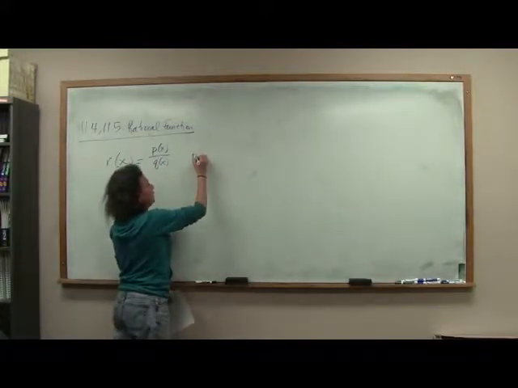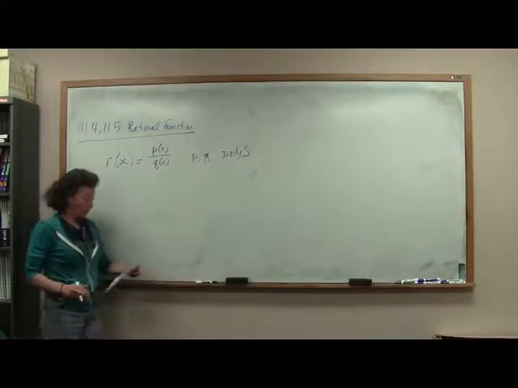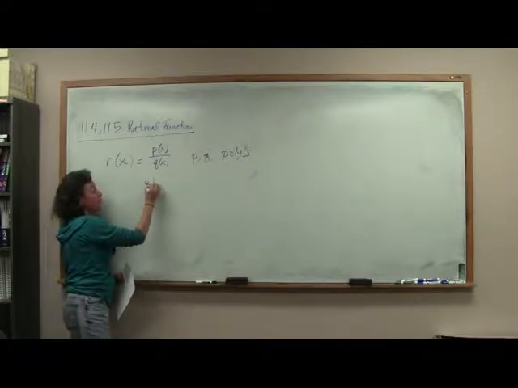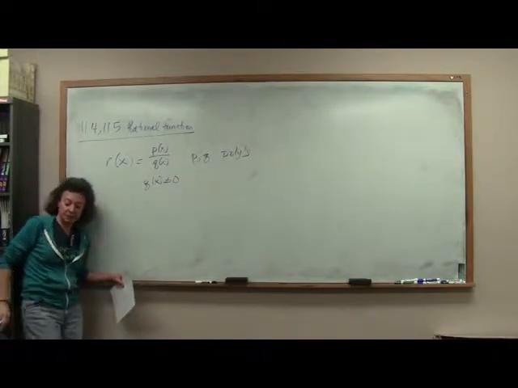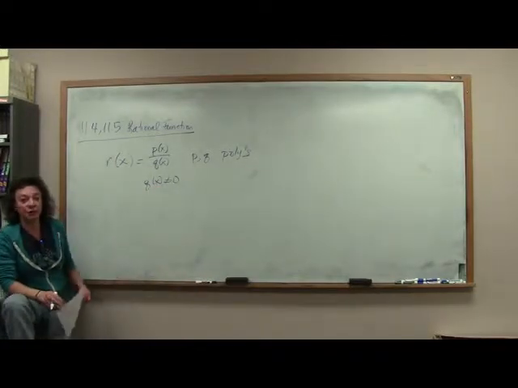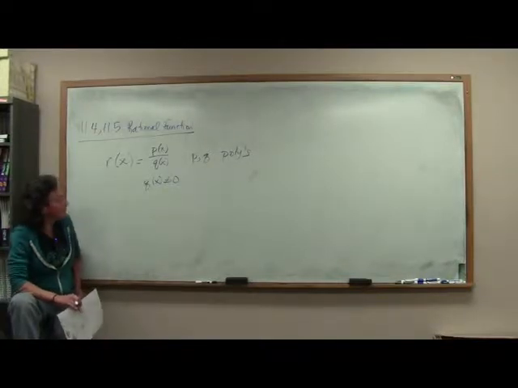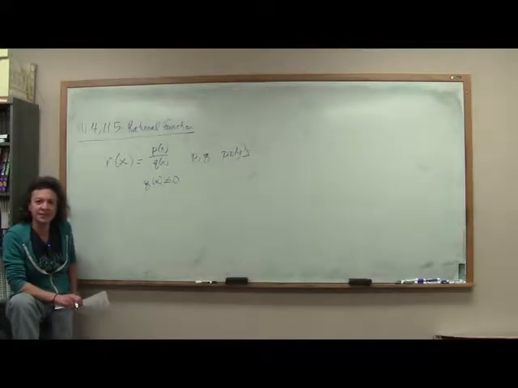So P and Q are both polynomials. The one thing we have to watch out for when we deal with rational functions is domain issues. Because we have a denominator, we've got to pay attention to where our denominator might be equal to 0.